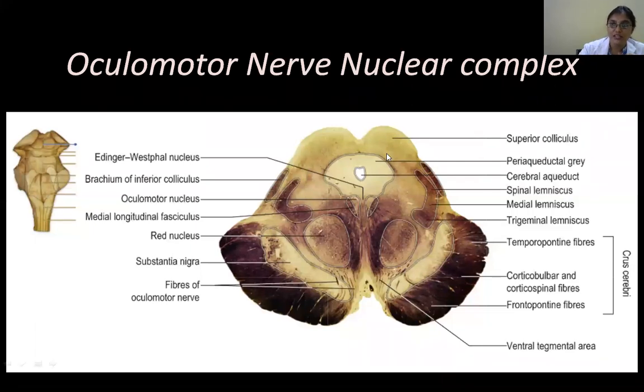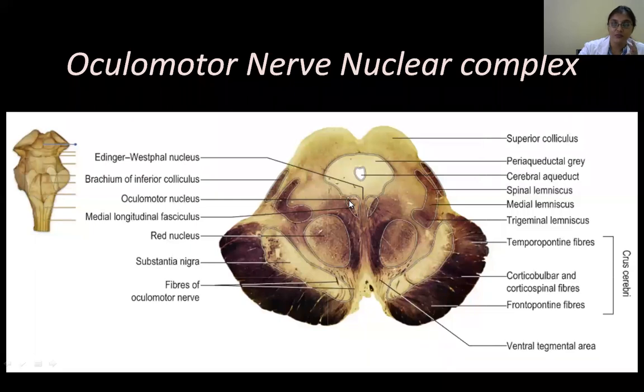The superior colliculi are related to vision, the visual reflexes, and the inferior colliculi to auditory reflexes. Here you have the cerebral aqueduct. Around this, the gray matter is concentrated, called the periaqueductal gray matter.